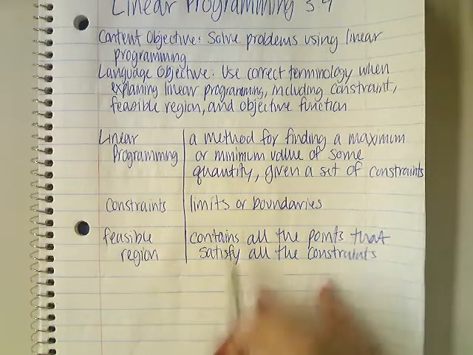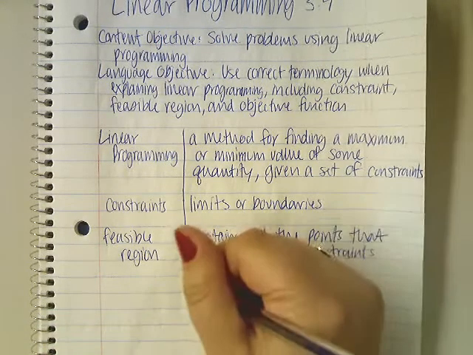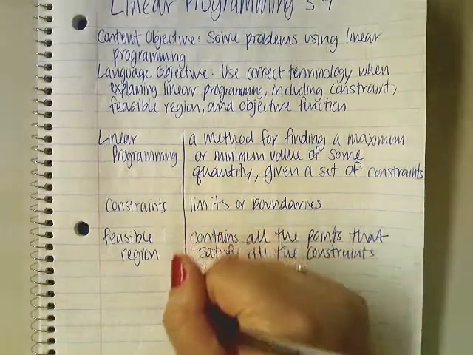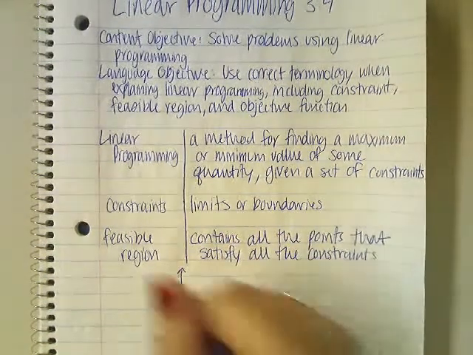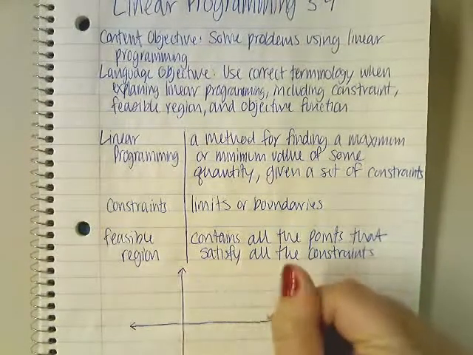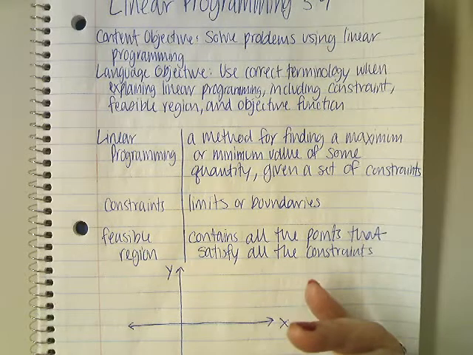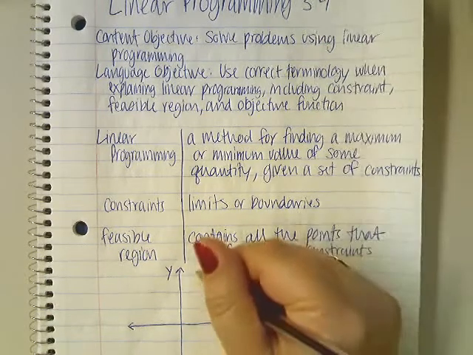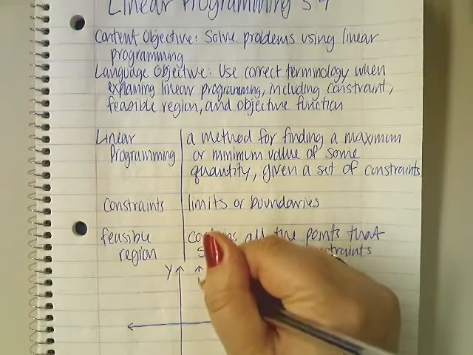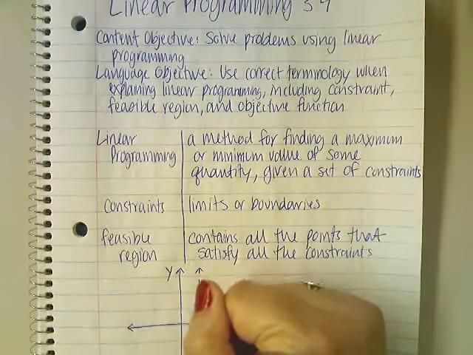So this might sound like a lot given that we don't know what this actually looks like. So I'm going to draw a little demo graph here. If we have just our normal XY axis, you could use linear programming to create a feasible region that could look something like this. I'm going to use dashed lines to demonstrate my point.